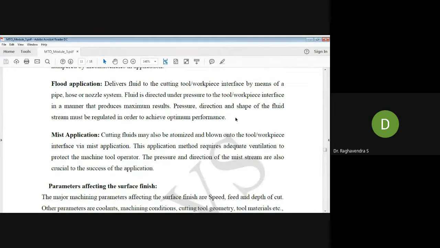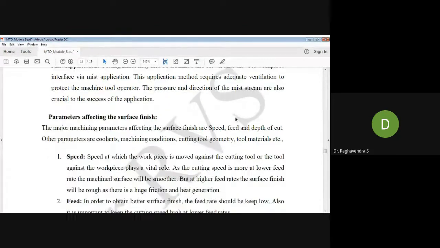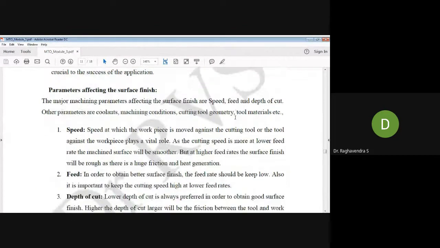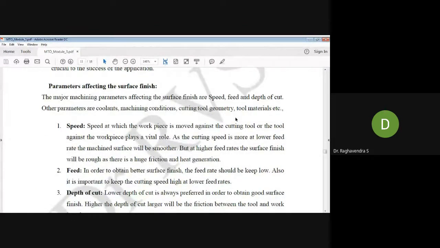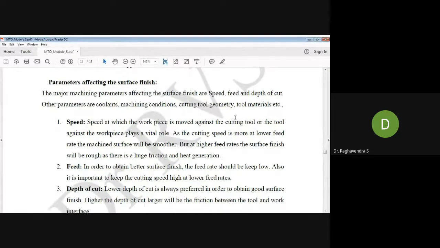There is a nozzle system, a pipe kind of structure, and from the pipe the cutting fluid is continuously coming out. It is flooding. Flood means it is completely surrounded.